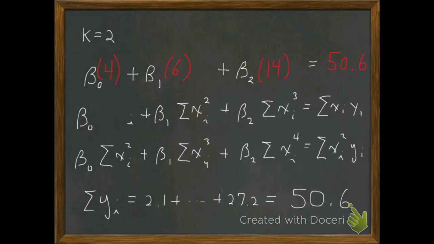Well, this is going to work out nicely because the sum of the x sub i's we already know was equal to 6. And we already know that this is 14. And we could go ahead and finish this out.